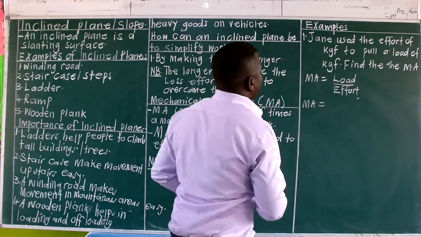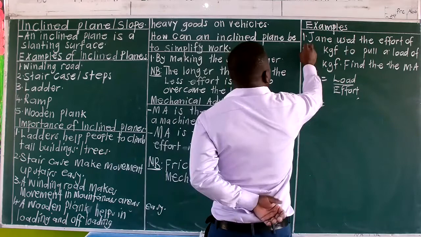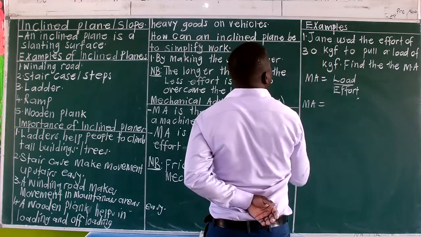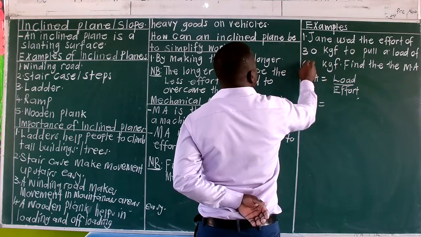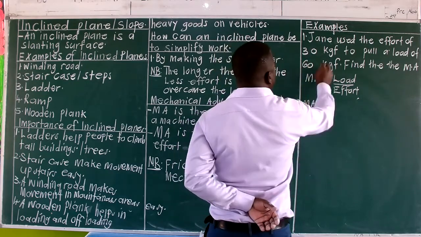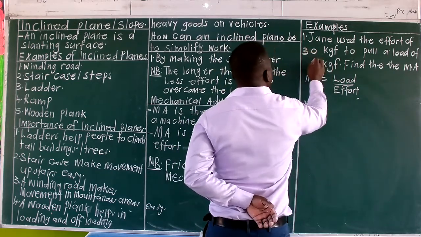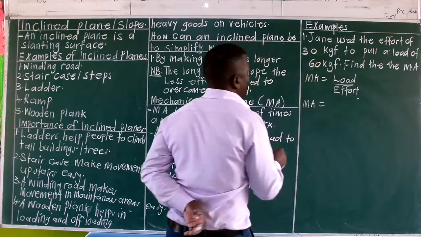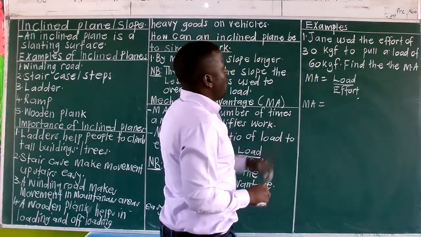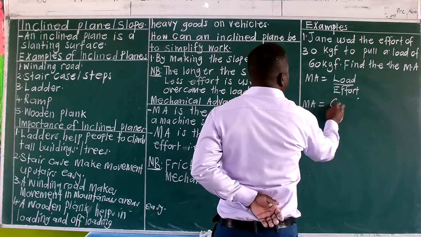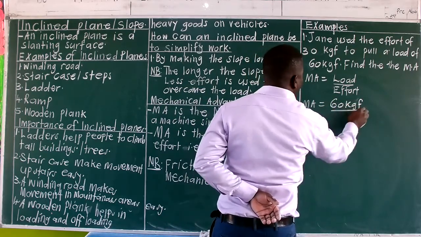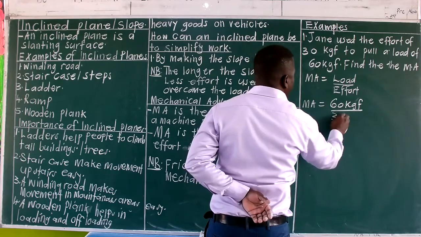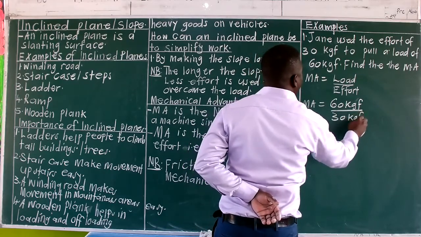Here we shall say Jen used the effort of 30 kg force to pull a load of 60 kg force. So our load will be 60 kg force and our effort will be 30 kilogram force.